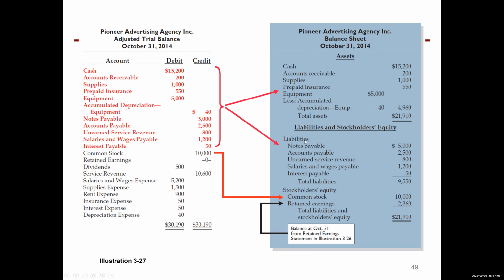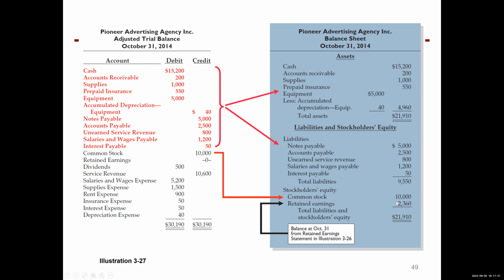Now, liabilities, you guys know how to do that. They're all credits over here. All the payables, and of course the unearned service revenue. If you say unearned, that's a liability too. So we list all of our liabilities here. In the stockholders' equity section, we already have the retained earnings from the retained earnings statement.